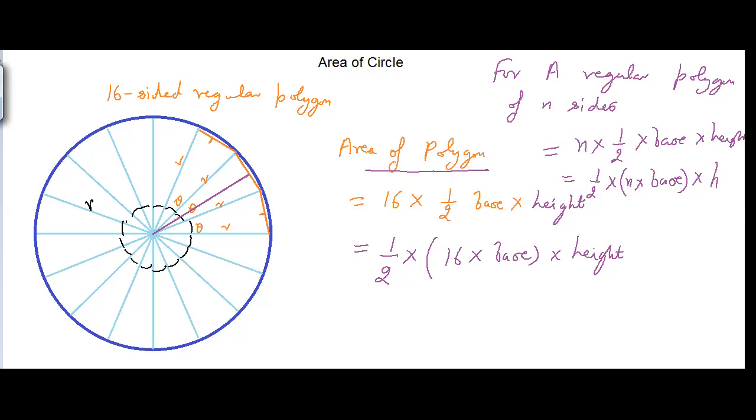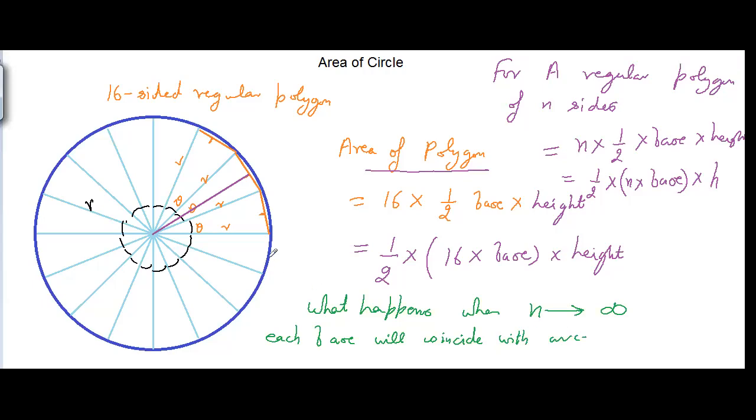Now let us see what happens when n becomes very large, that is, it becomes infinitely large. Each base will coincide with the corresponding arc of the circle. How many bases will be there?